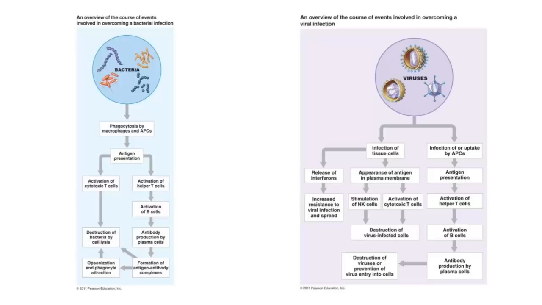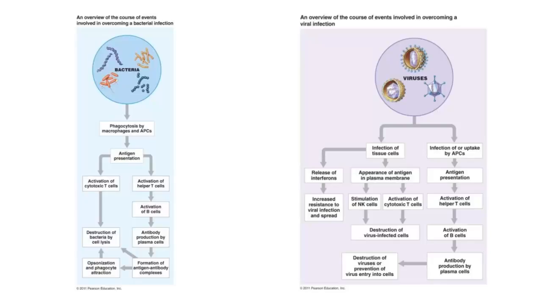In the bacteria, the bacteria are phagocytosed by our macrophages or any of our other antigen presenting cells, and that means the antigen is then presented to our cytotoxic T cells and to our helper T cells. Our helper T cells go off and activate the B cells to make antibodies, and the cytotoxic T cells will destroy the bacteria through bacterial cell lysis.